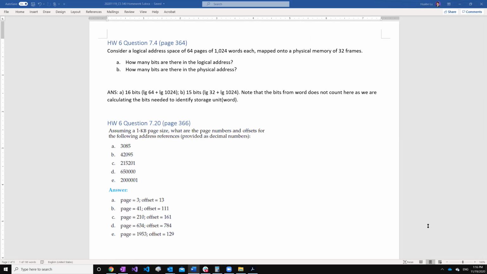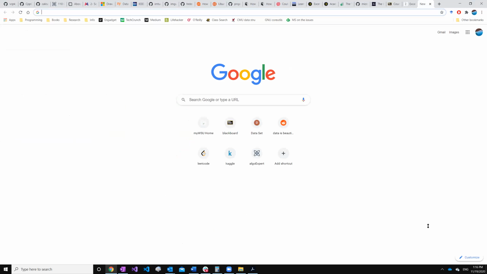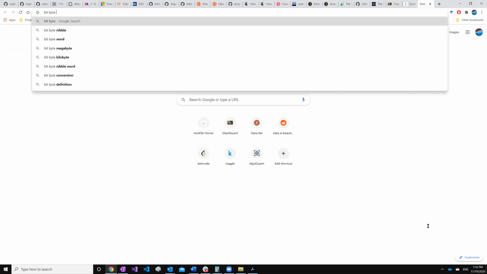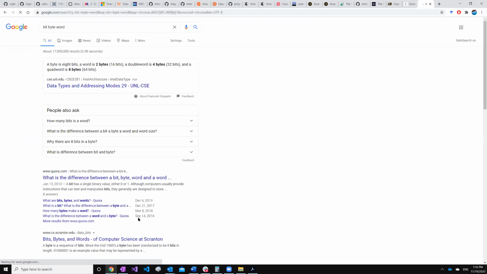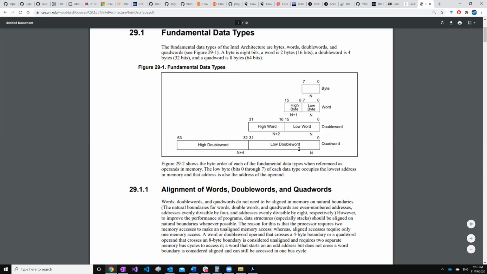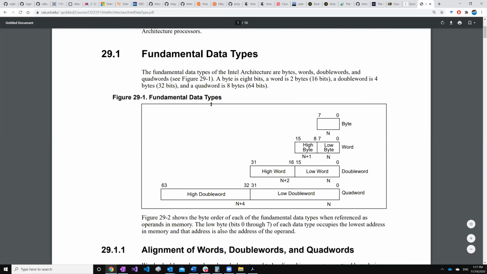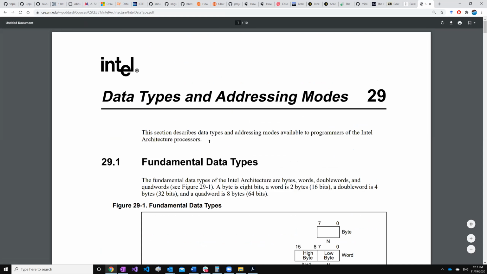What is a word? You will say one word, guys. If you are asking this question, you should search bit, byte, word, and you will see data types and addressing models from the Intel page on fundamental data types.